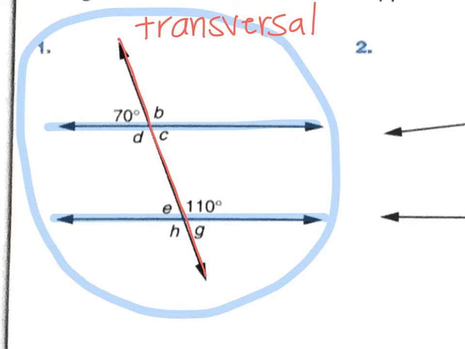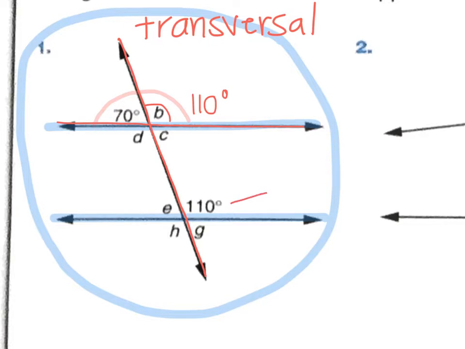So let's start with angle B, which is right here. I'm going to use this fact that I have a straight angle here to figure out my supplementary. So figuring out that 70 plus that angle B adds up to 180 means that angle B is 110 degrees. And you might notice something now.